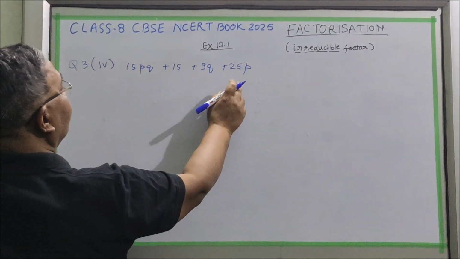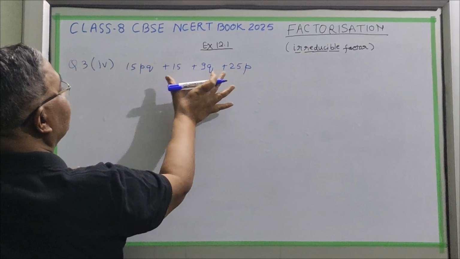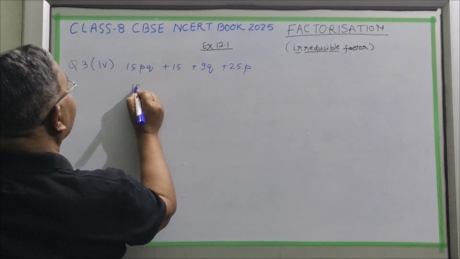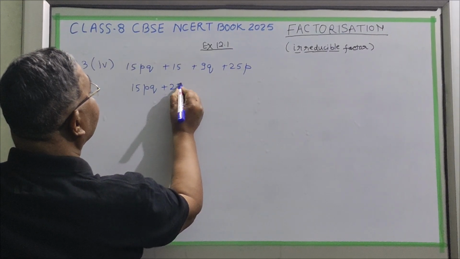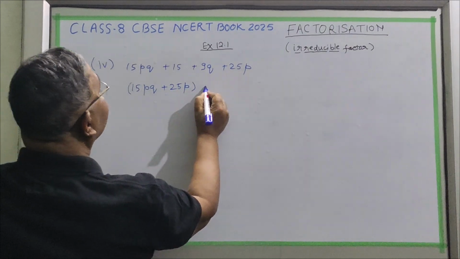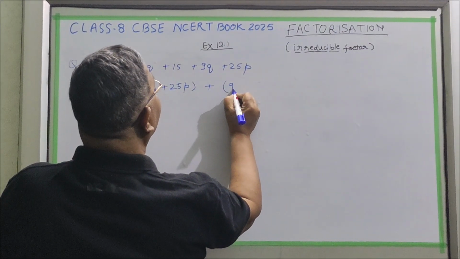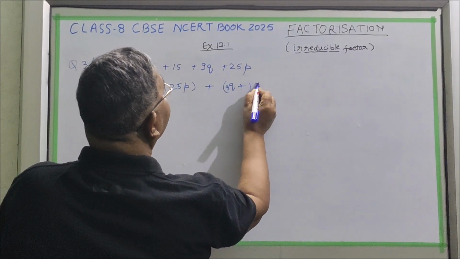Here PQ and PQ, 15 and 25 we see are somehow more close. So 15PQ plus 25P. This regrouping we are doing. Plus here we will take 9Q first, 9Q plus 15.